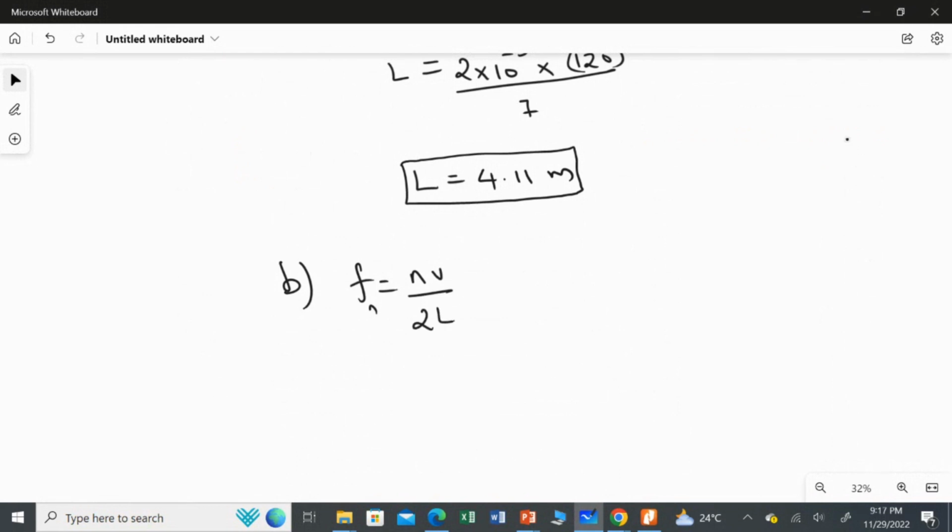So here, the lowest possible resonant frequency is n equal to 1.